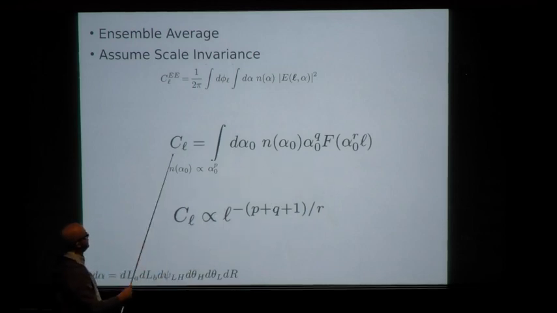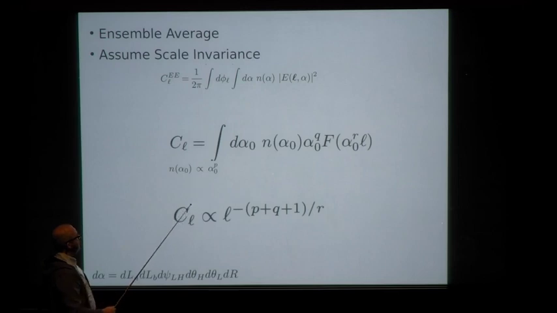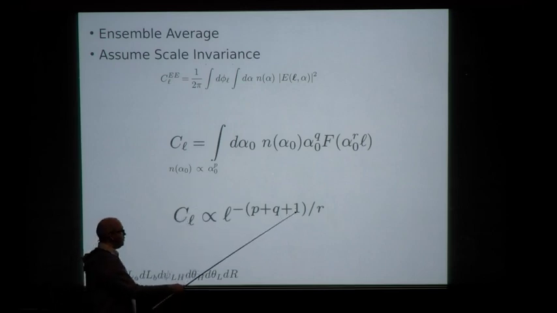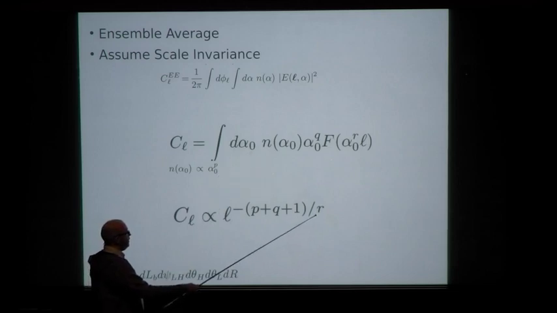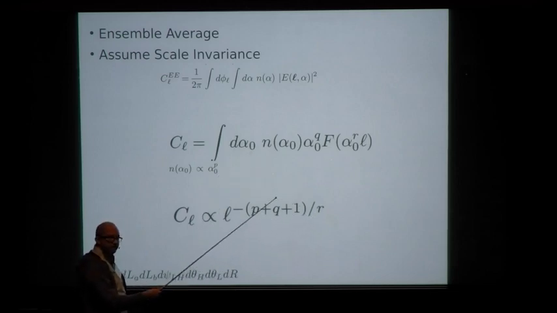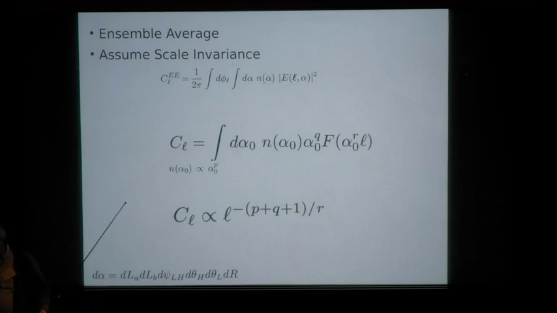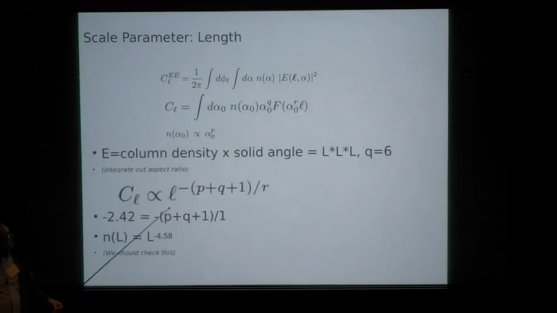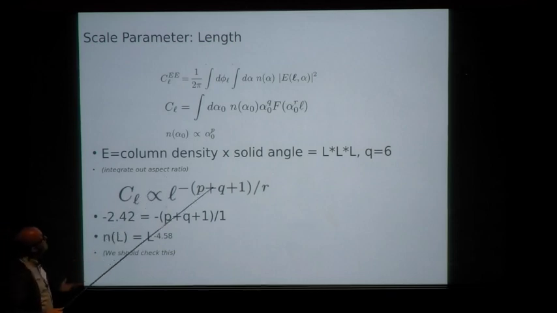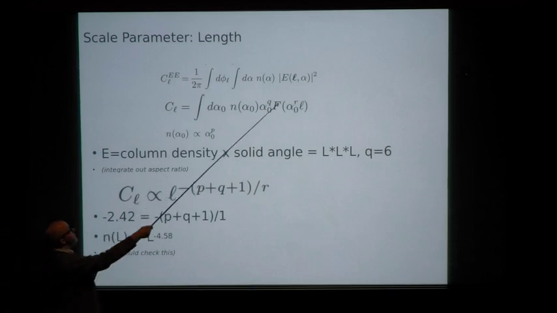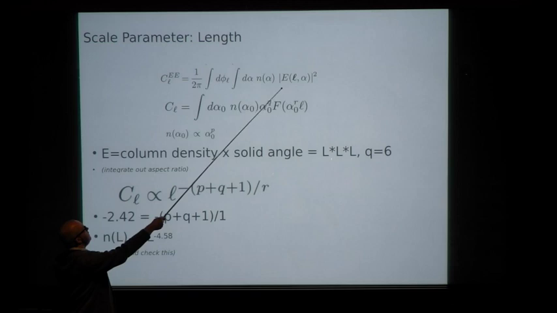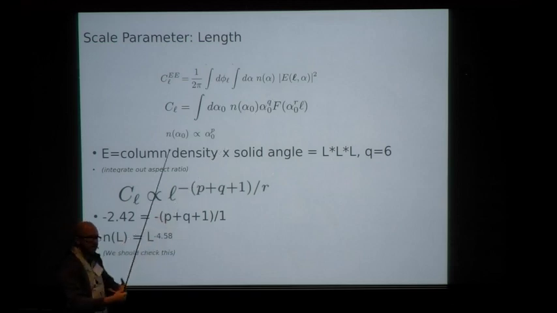And we can rewrite this scaling relation if we assume that the number of filaments with some alpha scales like alpha to the p, then my multipole scaling goes like L to the p plus q plus 1, and that over r. So this is just calculus for scale-free things. So what can I do with that? What's alpha? Alpha is all this stuff. Well, if I just say that my scaling parameter is the length, then the column density, or the E mode scaling, will go like the column density of the solid angle.